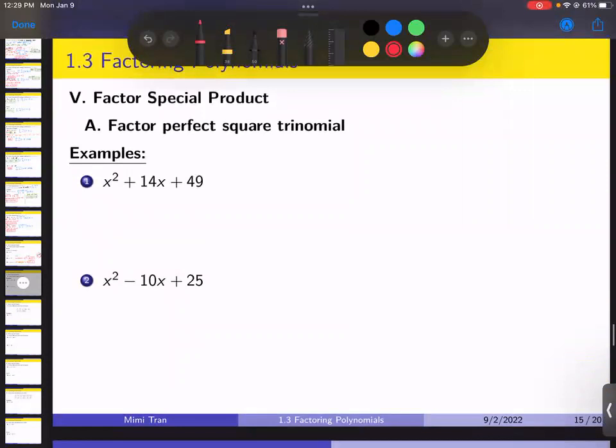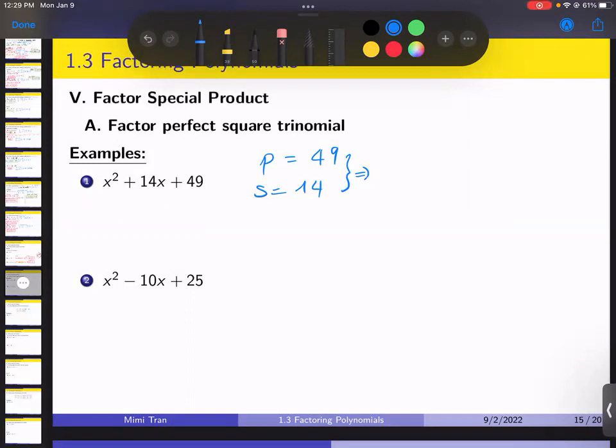Let's factor this. We can do guess and check because the coefficient of x squared is 1. Should be easy enough. I want to find 2 numbers. Product is 49 and sum is 14. Can someone other than him? Don't let one person do all the work.